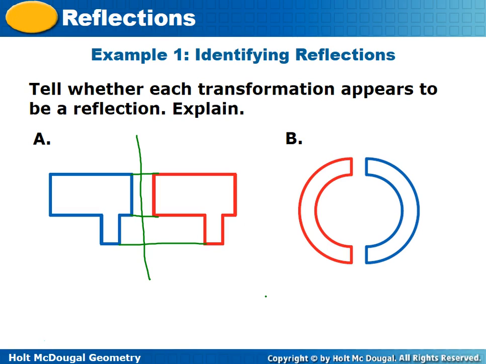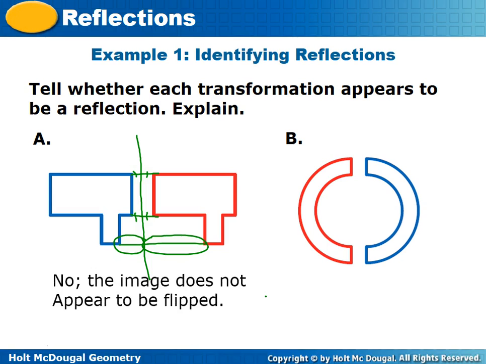Notice here that it does bisect this piece up here and it bisects there, but it doesn't bisect our third piece because this part right here is longer than the part on the left. So this is not a reflection because we don't have a perpendicular bisector for every line that connects the vertices. So this is a no. The image does not appear to be flipped.